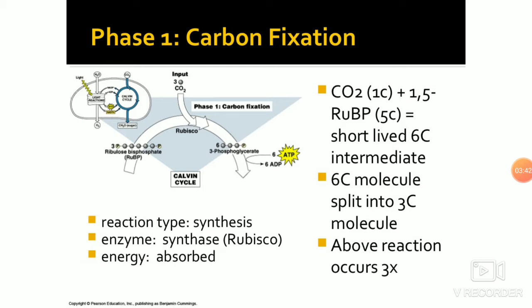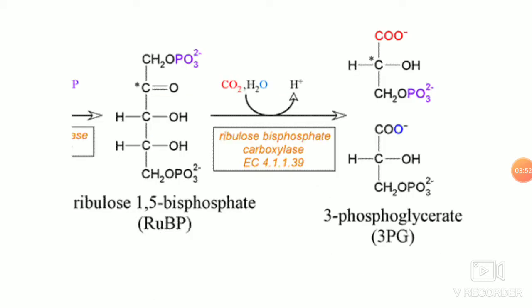So this is a synthesis reaction. It is catalyzed by ribulose bisphosphate carboxylase. The accepting molecule is ribulose 1,5-bisphosphate. In the presence of ribulose bisphosphate carboxylase, carbon dioxide is taken in with one more molecule of water, and with the release of protons, you have 2 molecules of 3-phosphoglycerate.